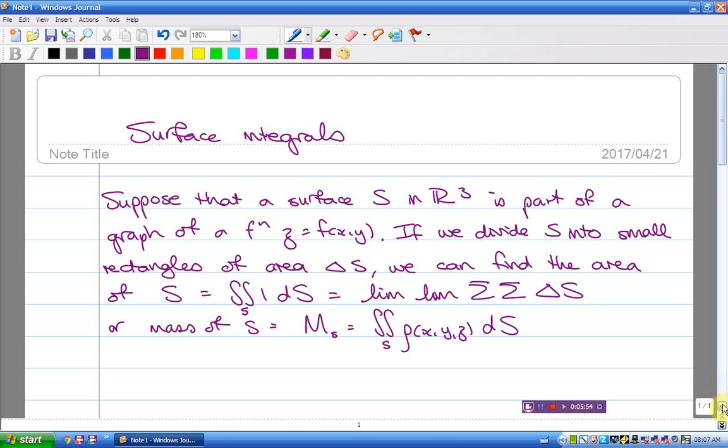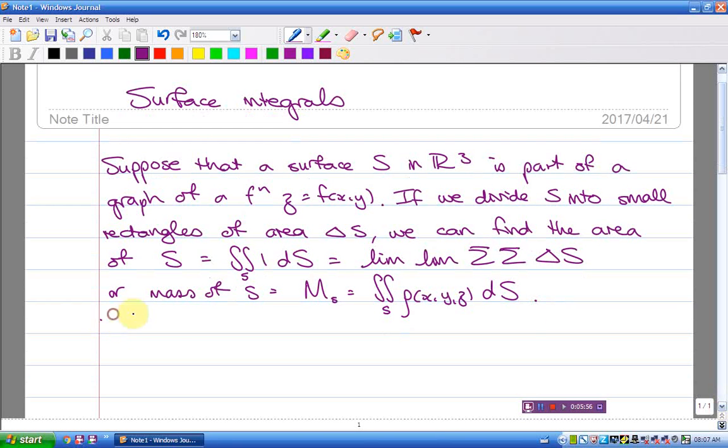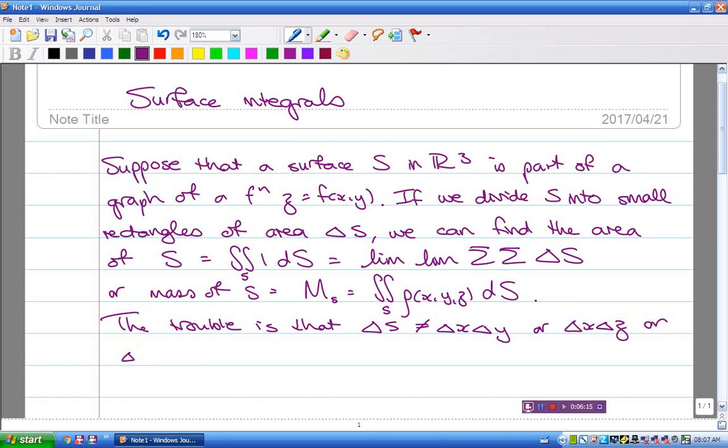Okay, so to write that down in a sentence, the trouble is that delta S is not equal to delta X, delta Y, or delta X, delta Z, or delta Y, delta Z, because delta S is a little piece of rectangle floating in space.